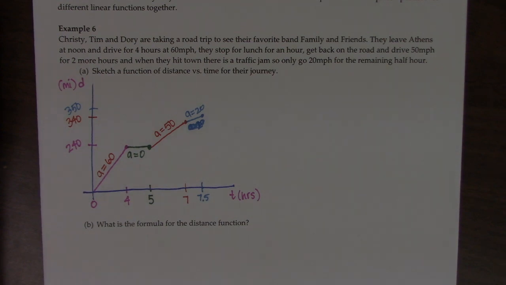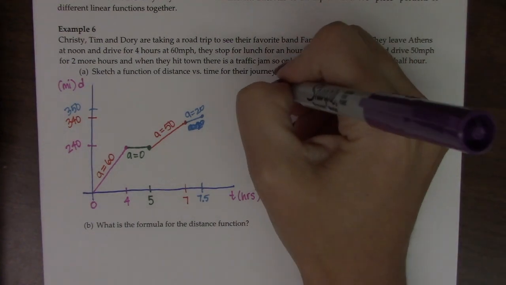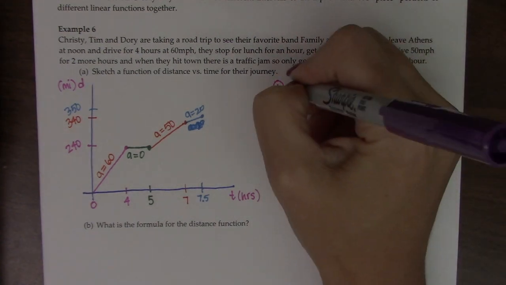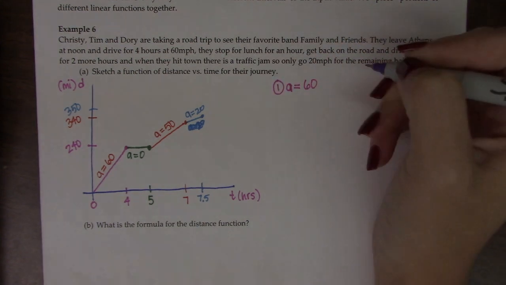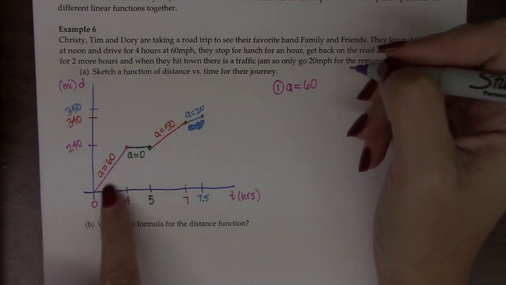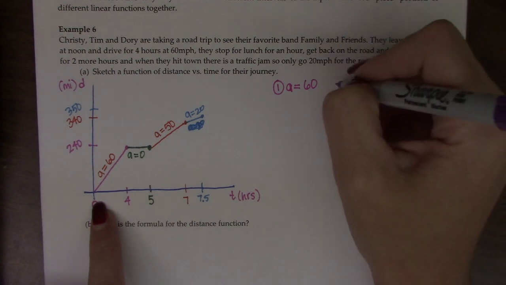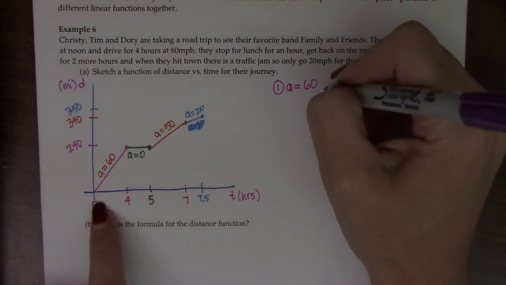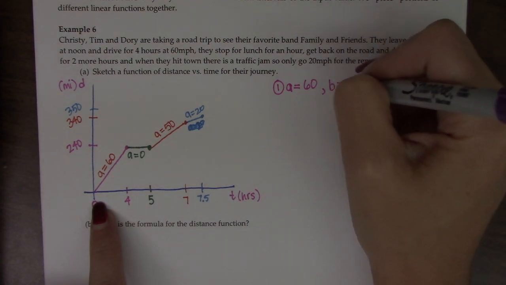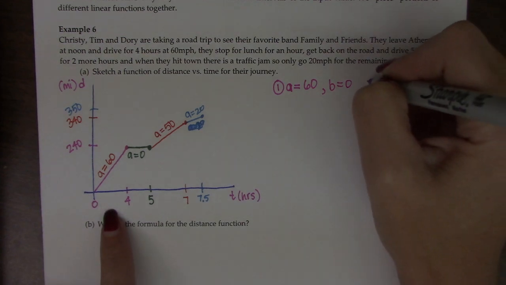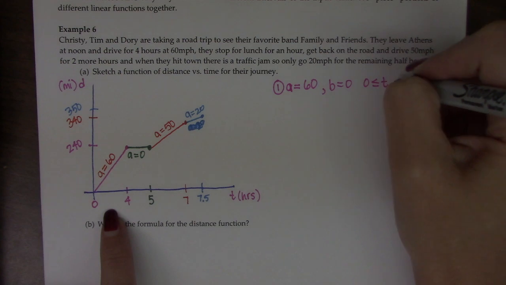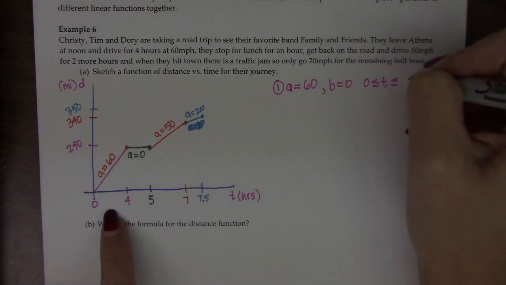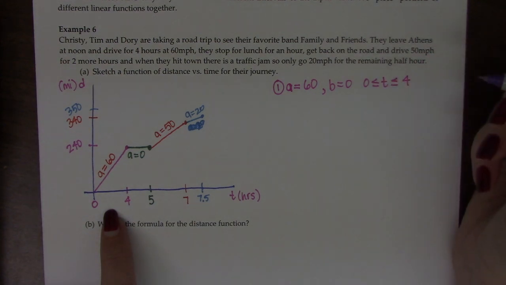So the first leg of our journey, the slope of our line was 60, and we can actually see the y-intercept here. The y-intercept is at 0, and this is only true from t greater than or equal to 0, to t less than or equal to 4.